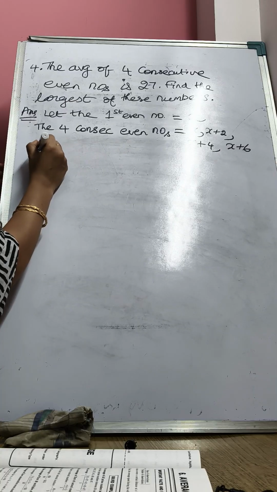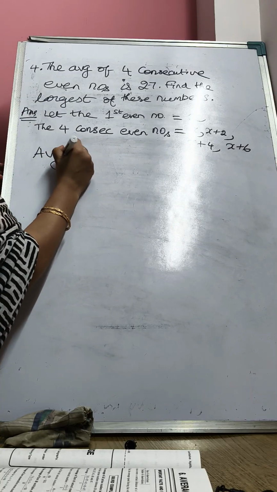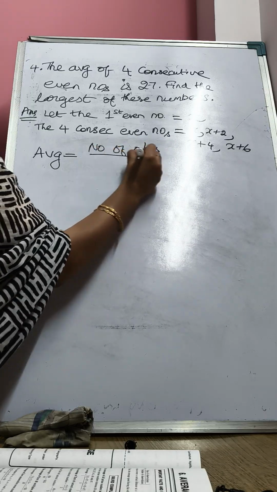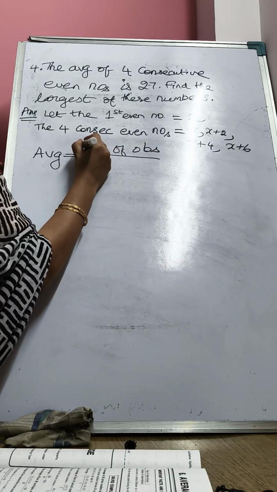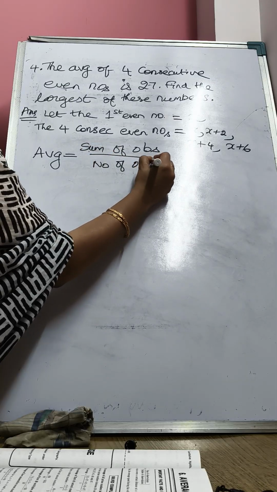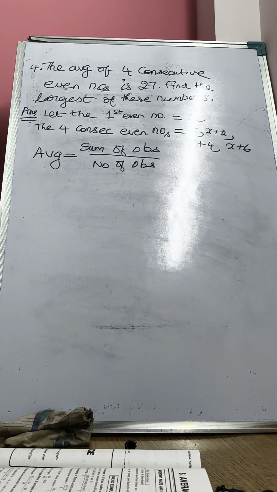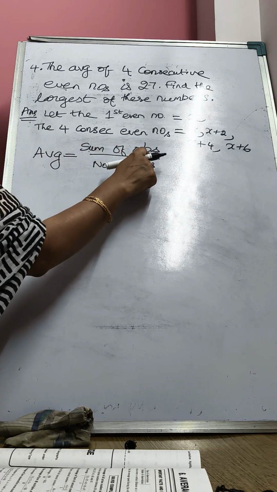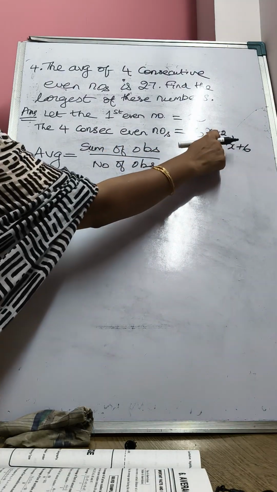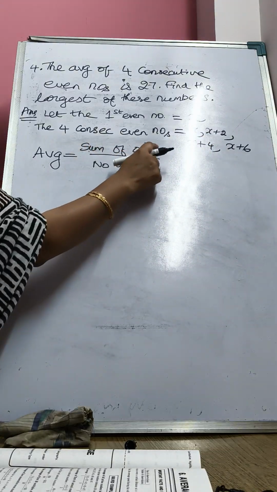Now let us first write the formula. What is the formula for average? Sum of observations divided by number of observations. Isn't it? Okay. Now what is our sum of observations? These are the observations: x, x plus 2, x plus 4, x plus 6.